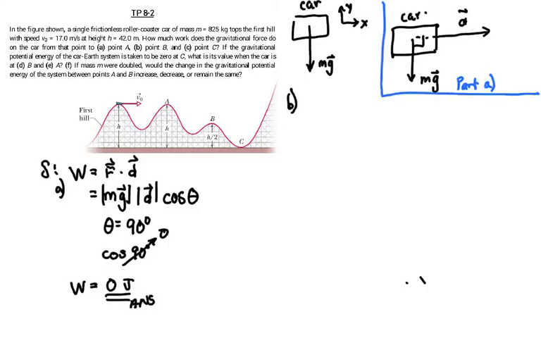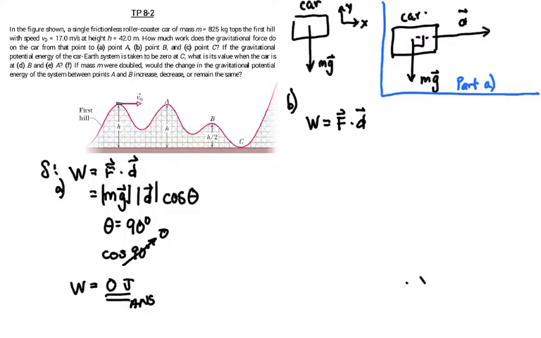Alright, so on to part B. Part B asks us to calculate the work done by the gravitational force from our beginning point right here all the way to point B here. This time, we do have a displacement in the y direction, a total displacement in the y direction of h over 2. So as we do our formula here, work is equal to our force vector dotted with our displacement vector.